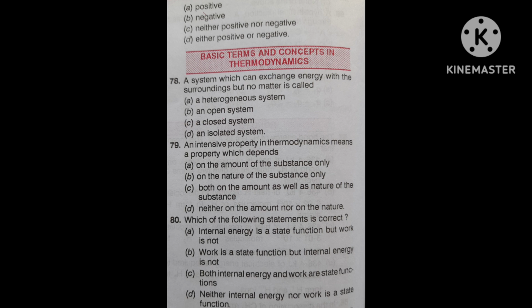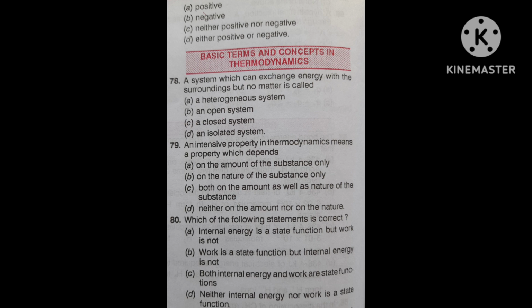Next question. The sign of delta G for the process of melting of ice at 273 Kelvin and 1 atmospheric pressure is: first option, positive; second, negative; third, neither positive nor negative; fourth, either positive or negative. Again I am repeating the question.